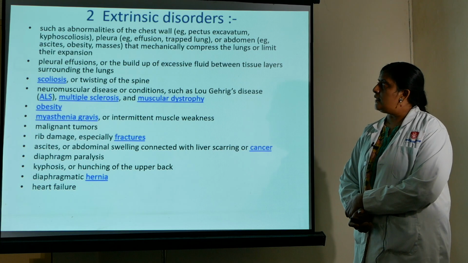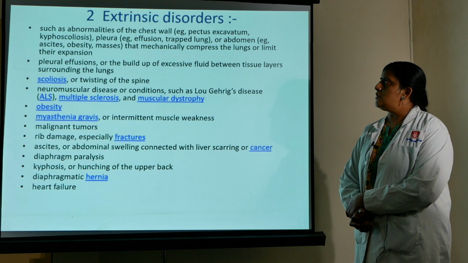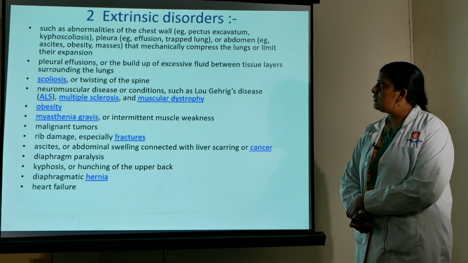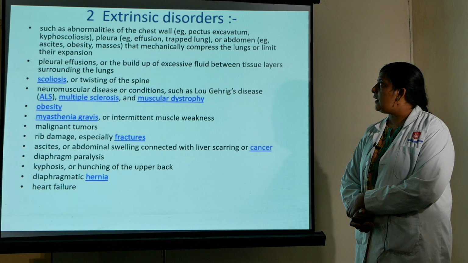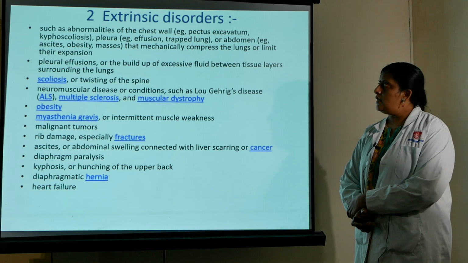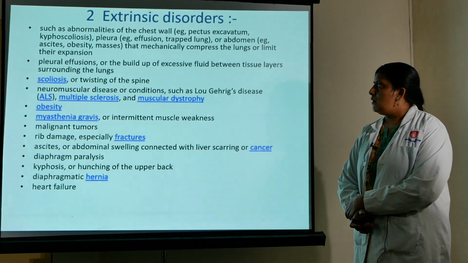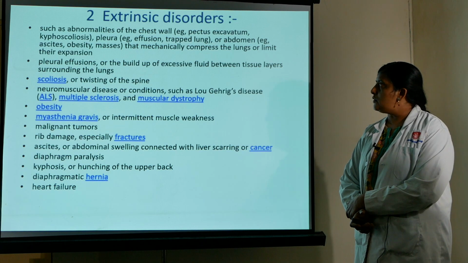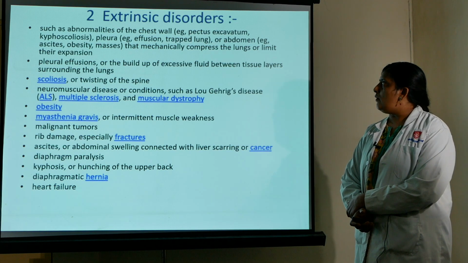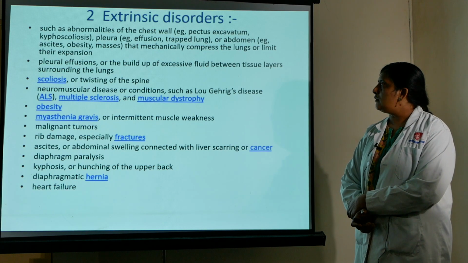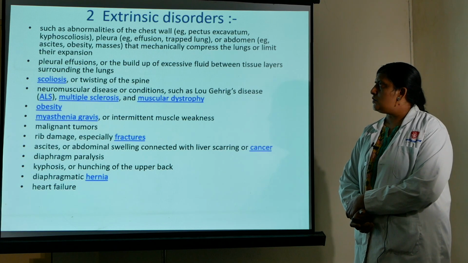If there is ascites, if the patient is obese, morbidly obese, or there is any mass that mechanically compresses the lung or limits its expansion. Another extrinsic cause is pleural effusion, or the buildup of excessive fluid between the tissue layers surrounding the lung. Then there is scoliosis, or twisting of the spine.